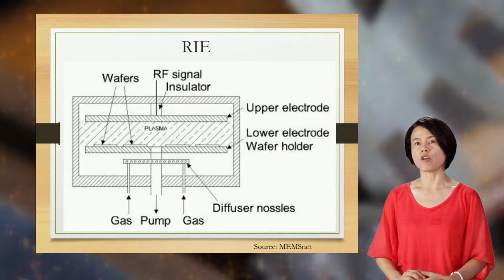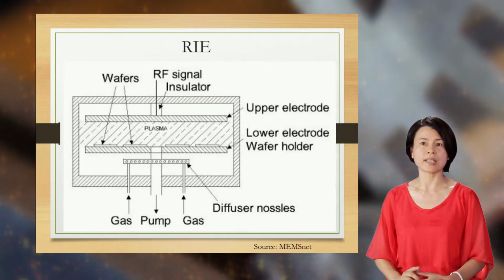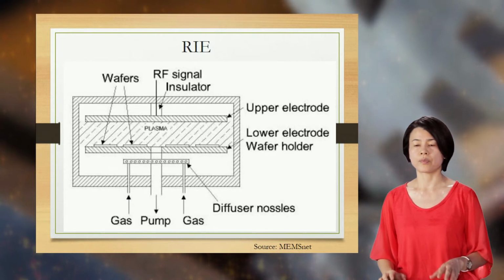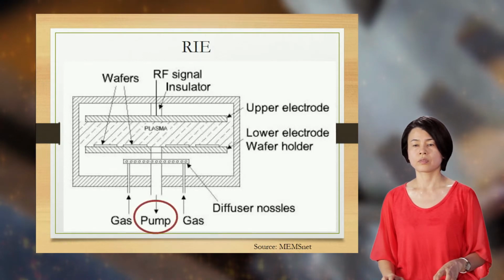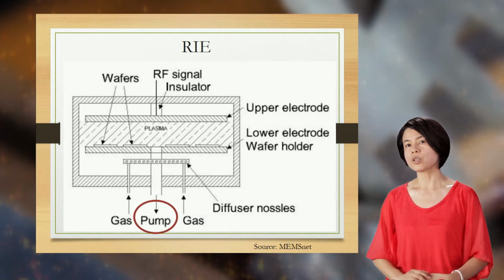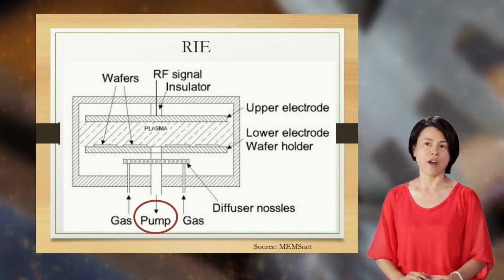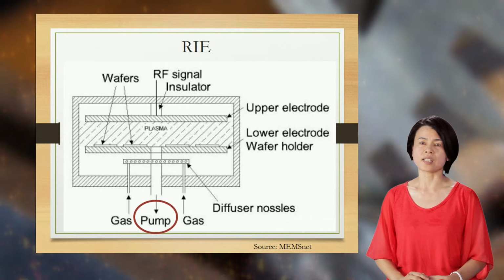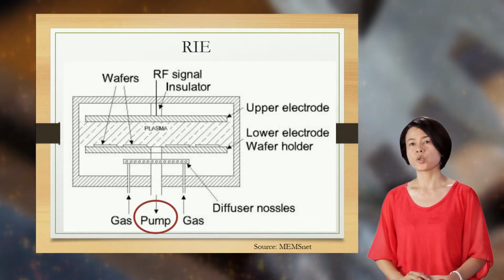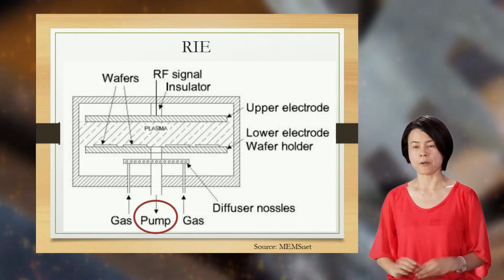RIE is a type of dry etching that uses chemically reactive plasma to remove material deposits on the wafer. First of all, it also operates in a vacuum environment. Therefore, it is equipped with pumps to expel the air out of the chamber.